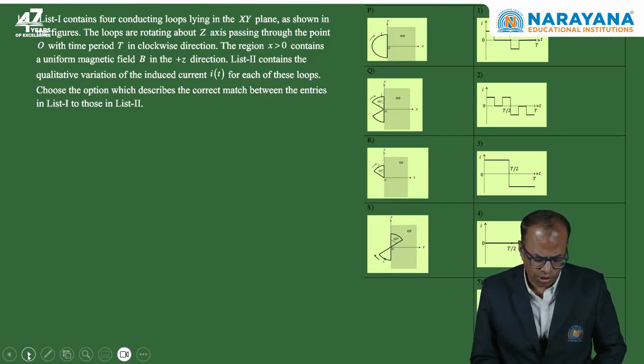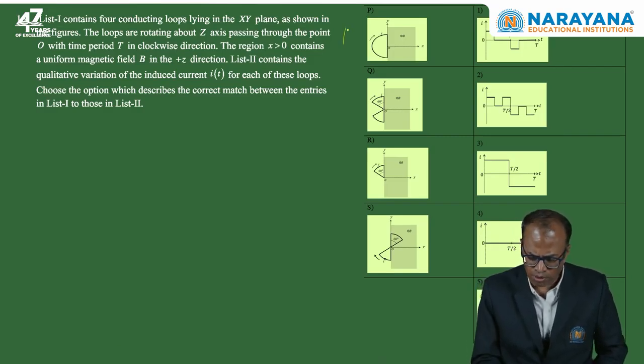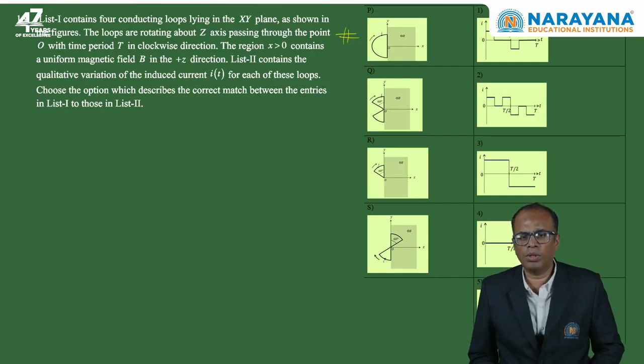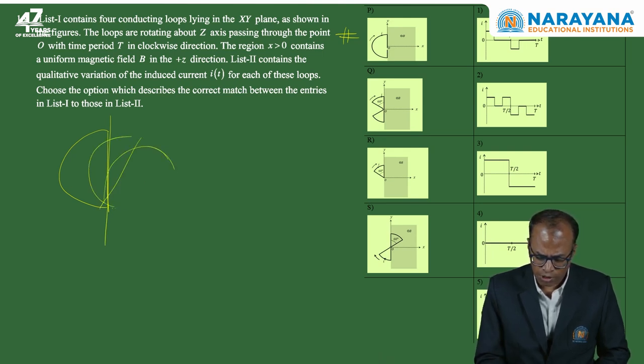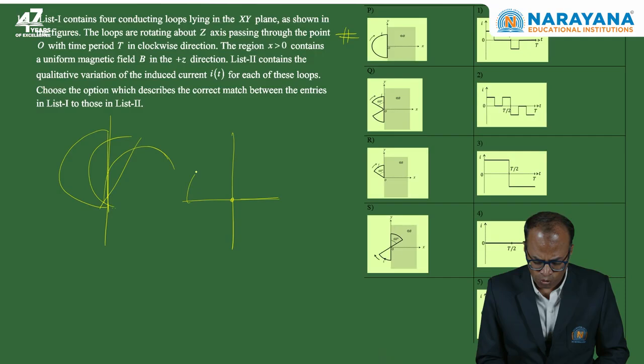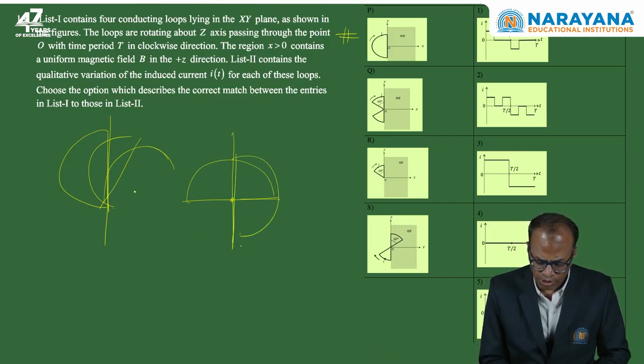This is easy actually. If you look at the P option, we have a semicircular loop that enters into the field. As this semicircular loop enters into the field, the flux starts increasing and it is turning about O. So it will go like this, and then it will become like this, and then it will start coming out.